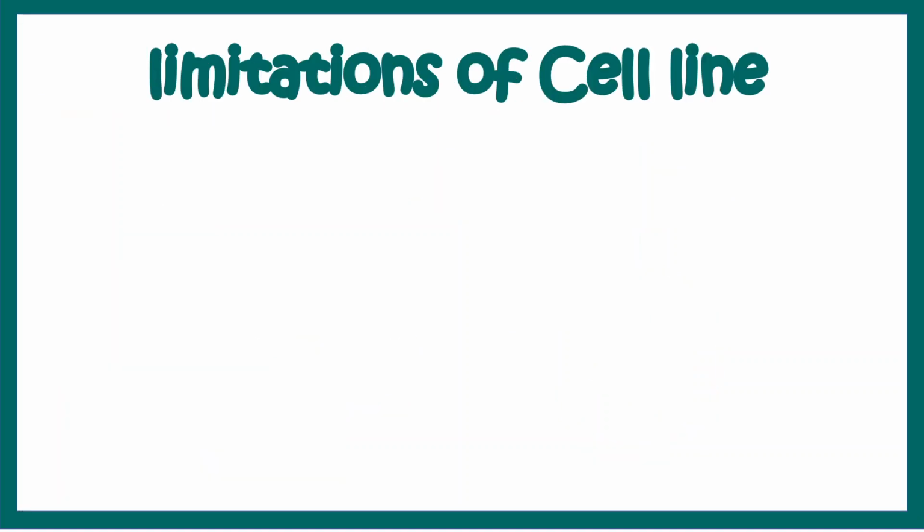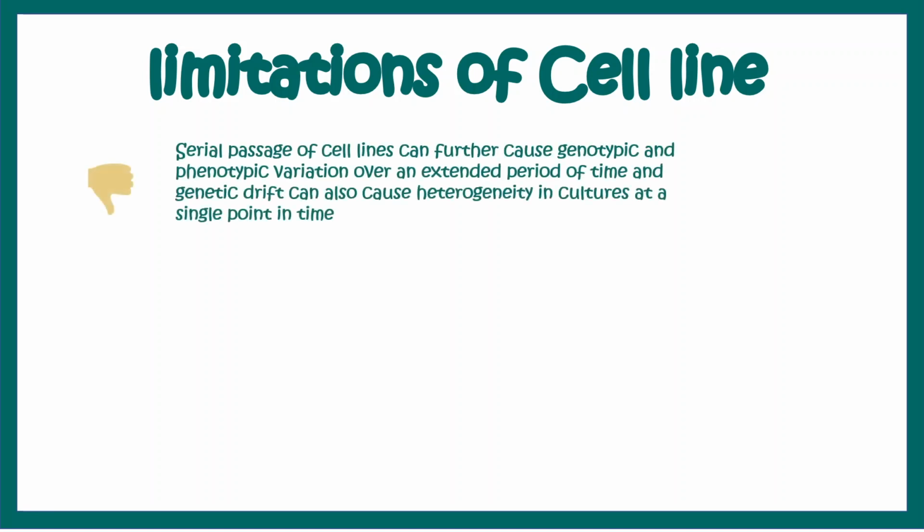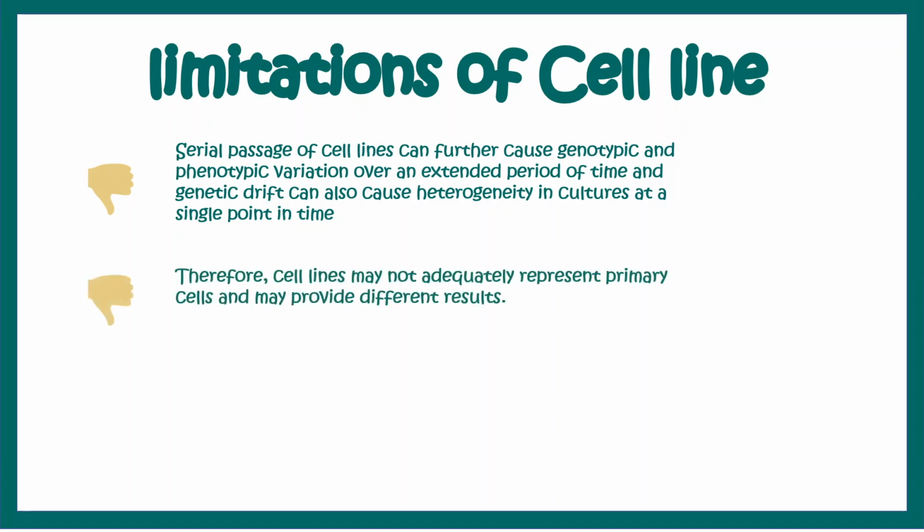There are several limitations of the cell line, as we have mentioned, and we should know this because when we are using cell line for our own usage, we have to understand the limitations. First of all, serial passage or subculturing leads to acquisition of several mutations over time that can lead to genetic drift, and that can cause several heterogeneity in the culture at a particular time point. So obviously, cell lines have many limitations.